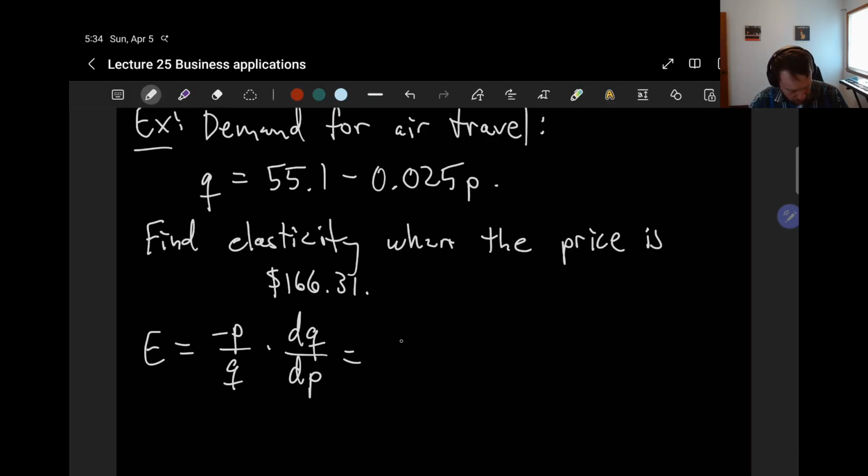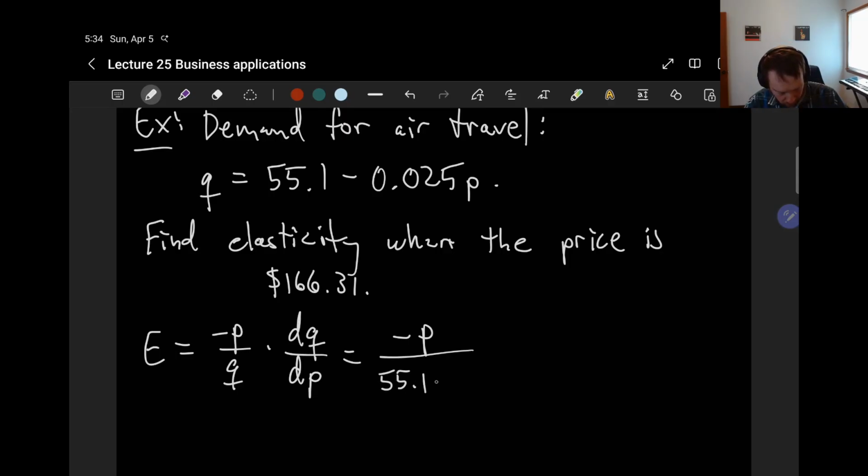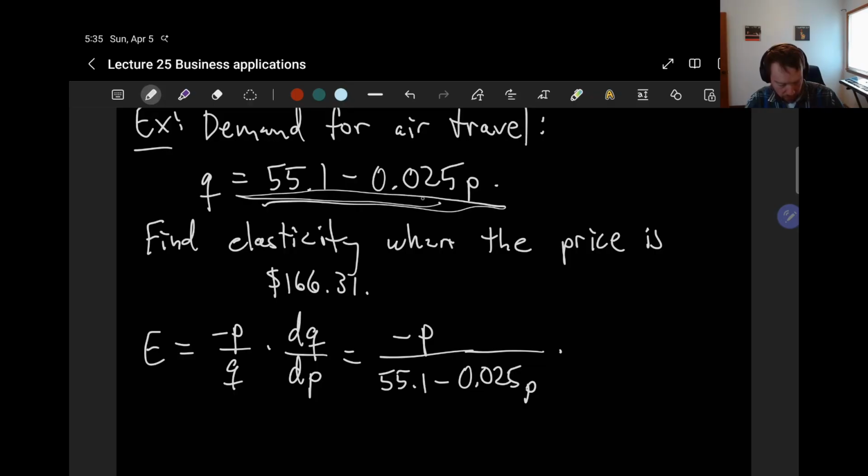So Q, we have a formula for it. We want to get everything in terms of just P, one variable. So 55.1 minus 0.025P times the derivative of this function, where P is the variable.